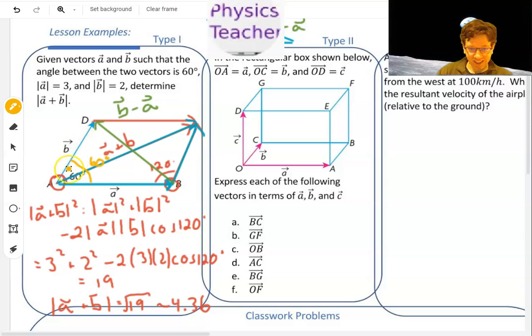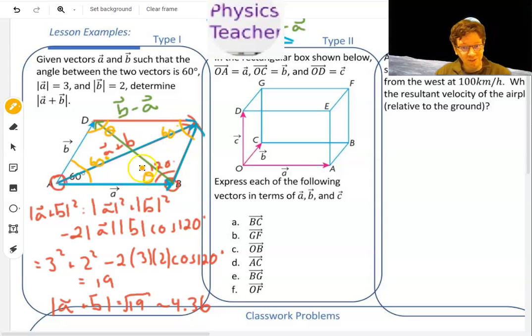So you have to think of this as your parallelogram. Now in a parallelogram, all angles are going to add to 360. And in fact, this will also be 60. And this angle here, let's call this one theta, and this one theta. So really you have 60 plus 60, which is 120, plus 2 theta must be 360.